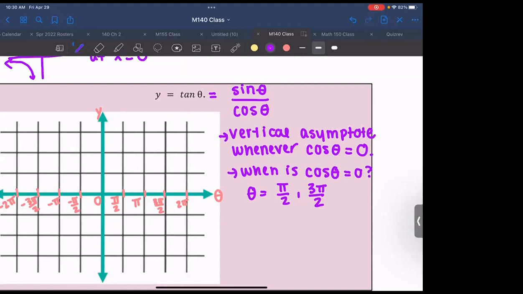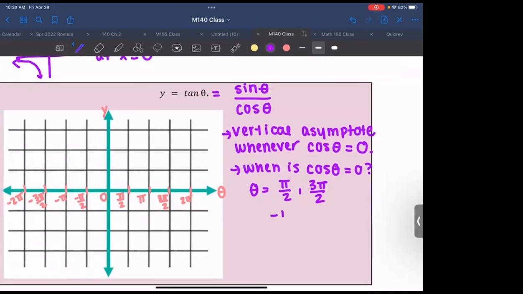Okay, well, this is a repeating sort of thing, right? Cosine goes on further than angles of 2 pi, below like negative angles. So I guess any multiple of pi over 2 or 3 pi over 2 will also give us a vertical asymptote, right?